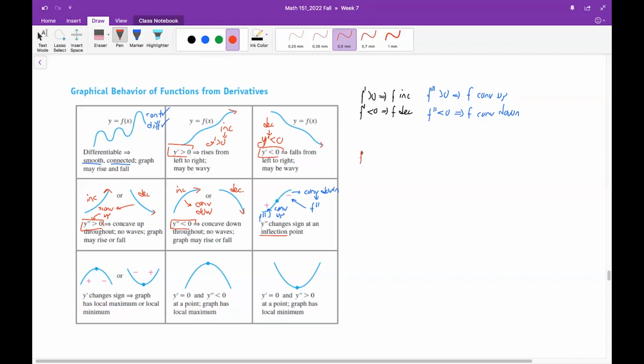If second derivative is 0, or it may fail to exist at some point, for example, this may also indicate an inflection point. So if this is 0 or if this thing is undefined, fails to exist, then x equals c is a candidate for an inflection point.